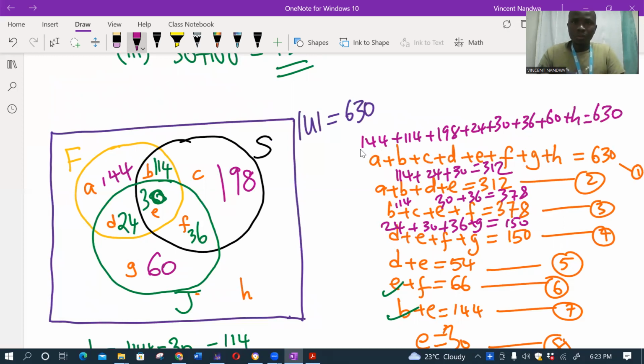So 144 plus 114 plus 198 plus 24 plus 30 plus 36 plus 60 is 606. Subtract from 630, you get 24. So H is going to be 24. So that's the complete Venn diagram for this particular question.